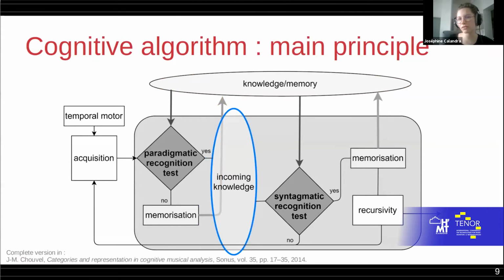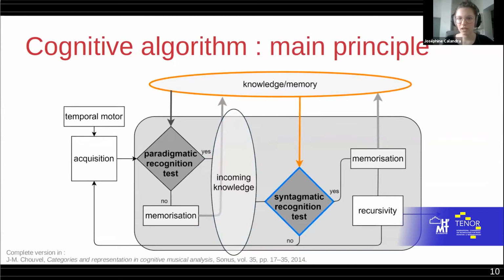In the incoming knowledge memory, the current object is concatenated with previously heard objects of the same level. We assume here that the system is creating a higher level object. Then comes a second test, the syntagmatic recognition test, which validates whether the concatenation of the objects obtained since the last segmentation constitutes a higher level object or not.